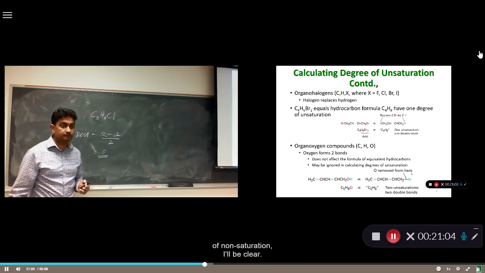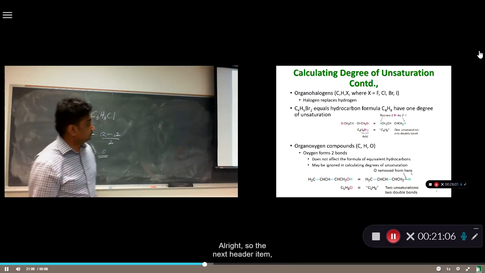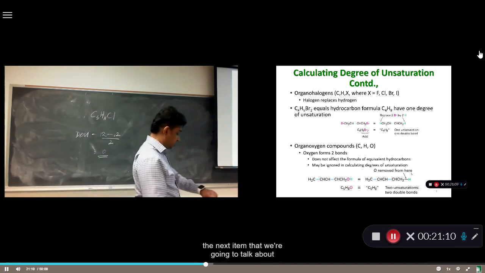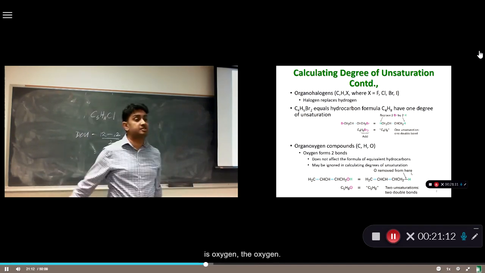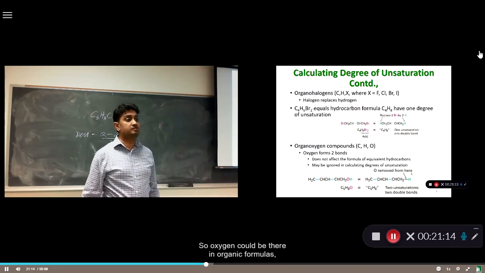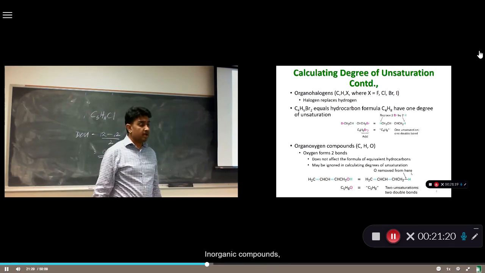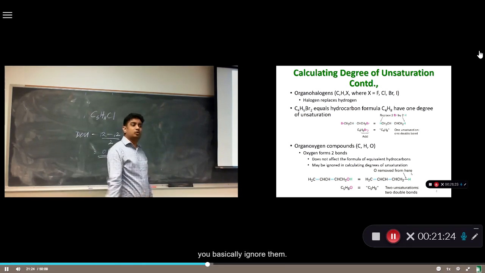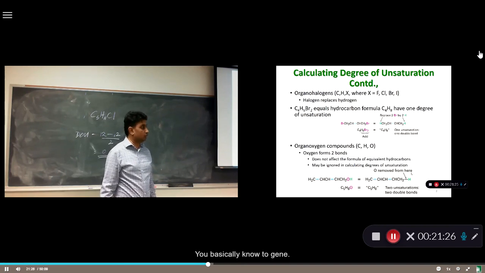Are we clear? Alright. The next heteroatom that we are going to talk about is oxygen. Oxygen is a very common atom in organic compounds. And if you have oxygen in your formula, you basically ignore it.